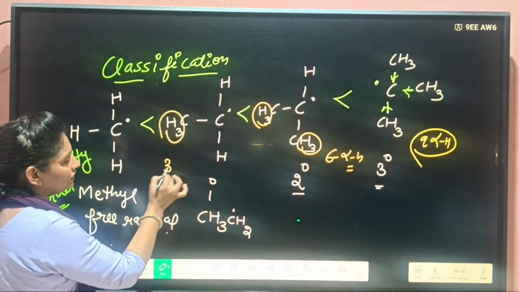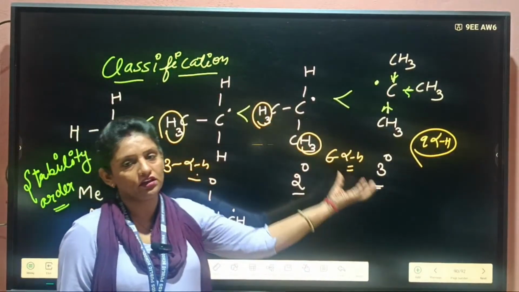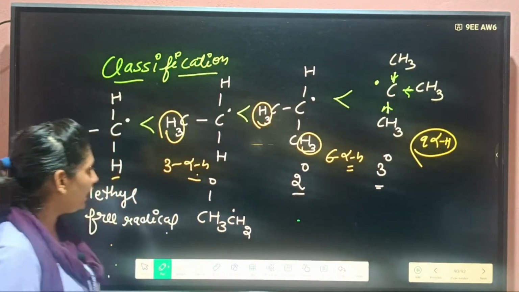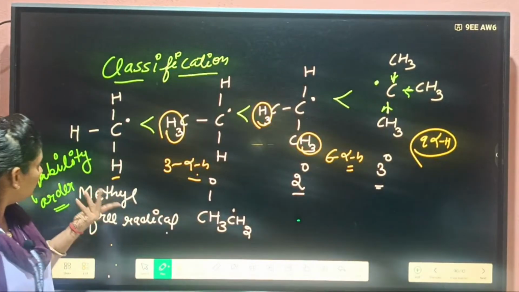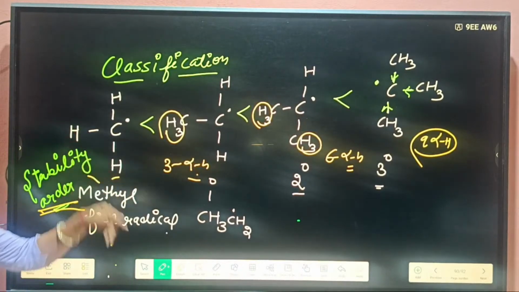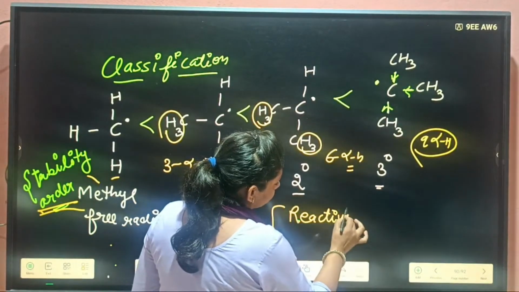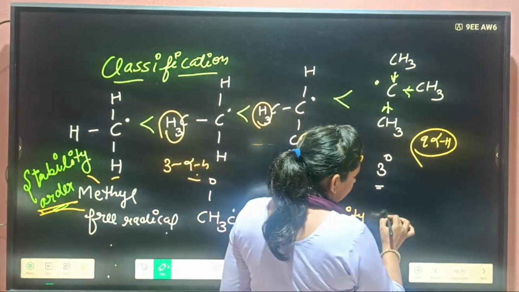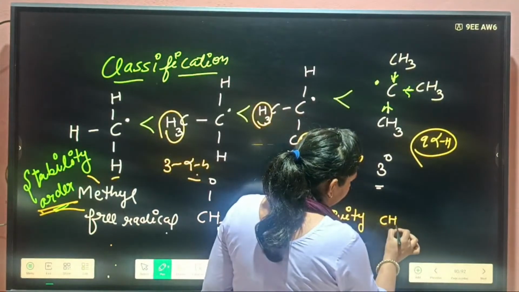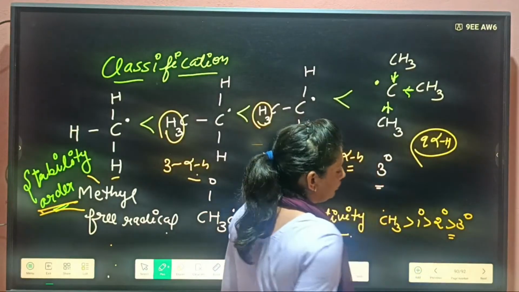And here 3, and here none. So if the number of hyperconjugated structures increases, stability also increases. Clear or not? And if the reactivity order is asked, then what will it be? Just the reverse. In reactivity order, the 0 degree, the methyl free radical, is maximum, then 1 degree, 2 degree, and 3 degree is minimum.